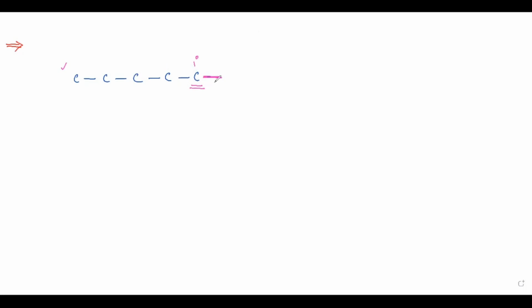If there is a valency to be satisfied at a primary carbon, it is called a normal compound and it is represented by n dash. Normal compound or n dash. So it has just a straight chain of carbon atoms.